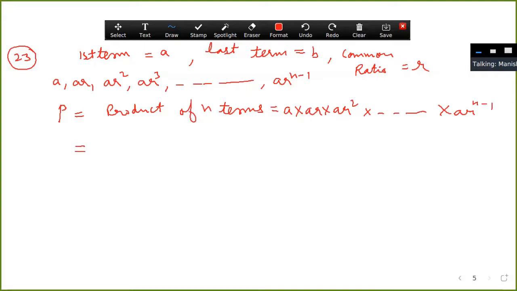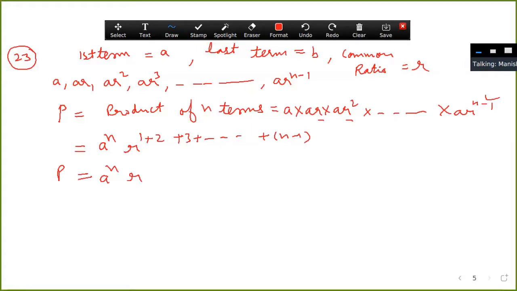It comes out n times, so I can write a to the power n. For r, the bases are the same, so you can write the power as 1 plus 2 plus 3 plus up to n minus 1. That is the power of r. Now you can see here a to the power n, r to the power this sum. This is an AP.